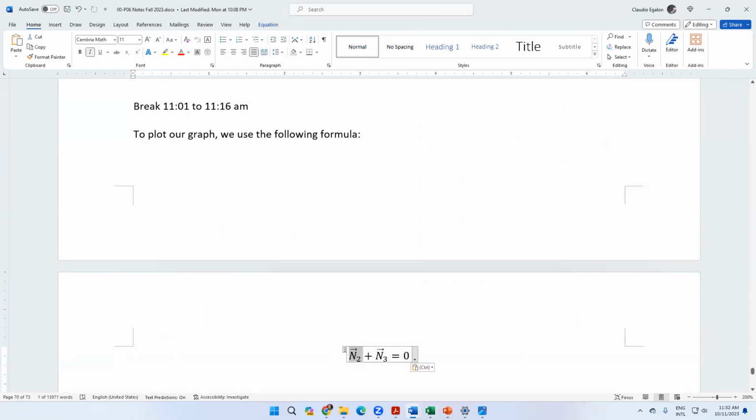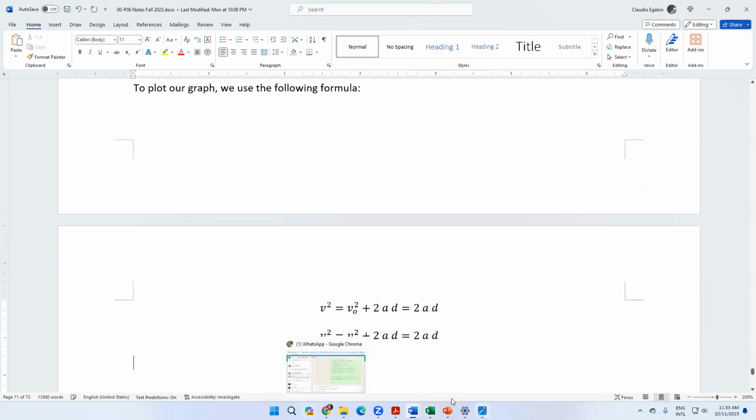V square equal to V naught square plus 2AD, right? Remember this formula? Since you are releasing the cart from rest, V naught is going to be 0, right? And we have this relation that we see here.